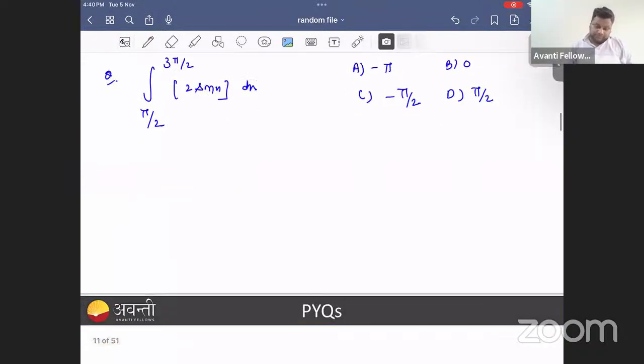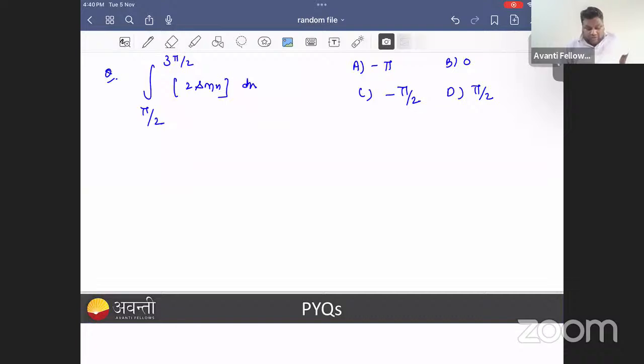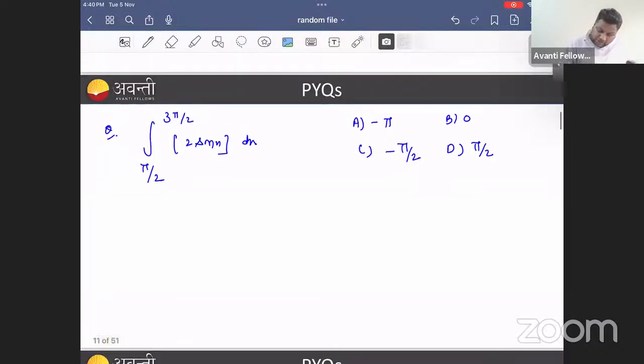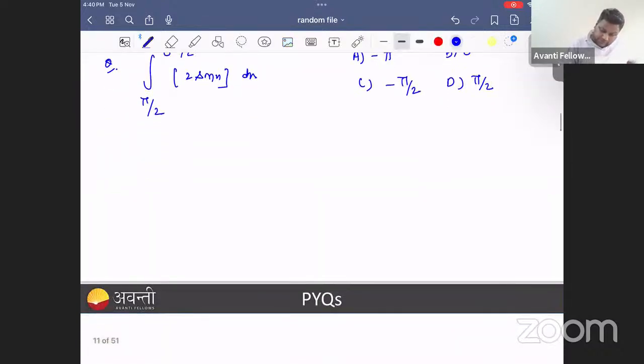Now see, pi by 2 to 3 pi by 2, it is 2 sin x greatest integer. All right. See, the graph of 2 sin x is like this.